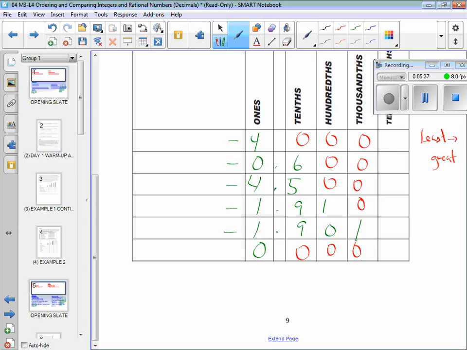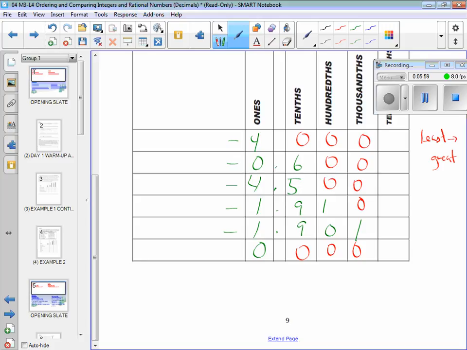Far left. Got to think low, right? Remember, lowest on the number line is the furthest left. Look at the ones column: -4, 0, -4, -1, -1, 0.